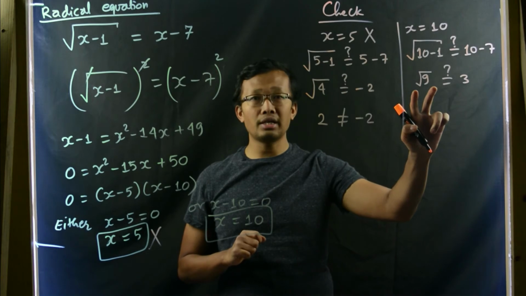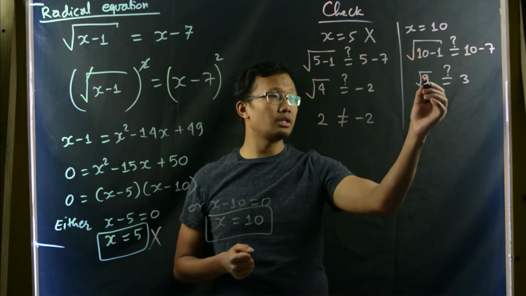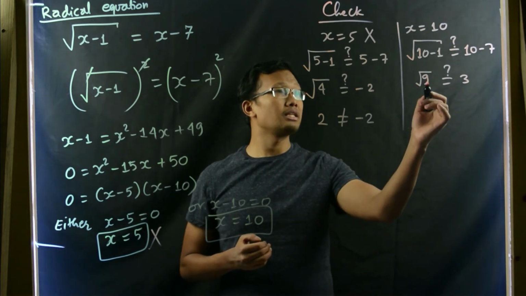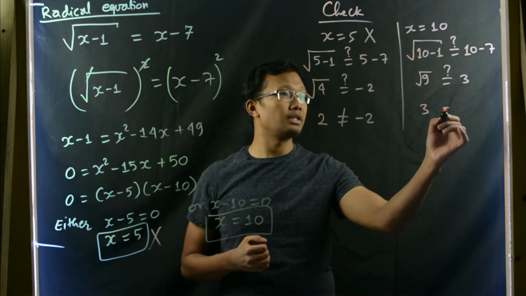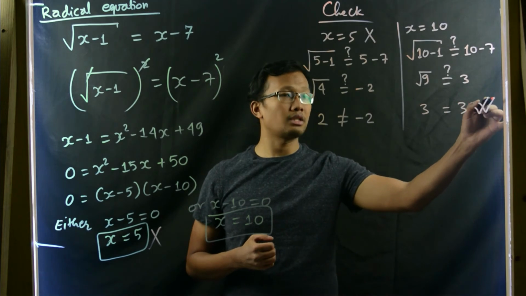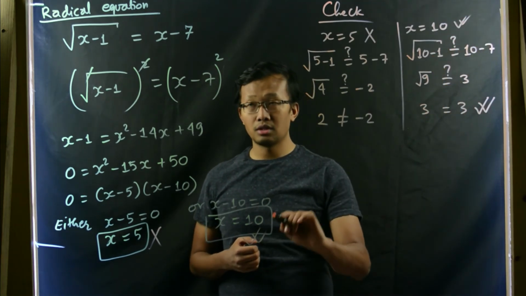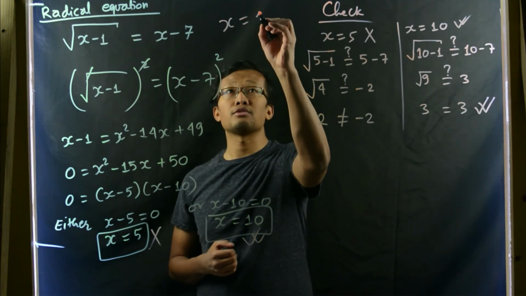This is the positive root, the square root of 9, which is positive 3, and that is equal. So this is correct. So x equals 10 is the solution. Here the only solution is x equals 10.